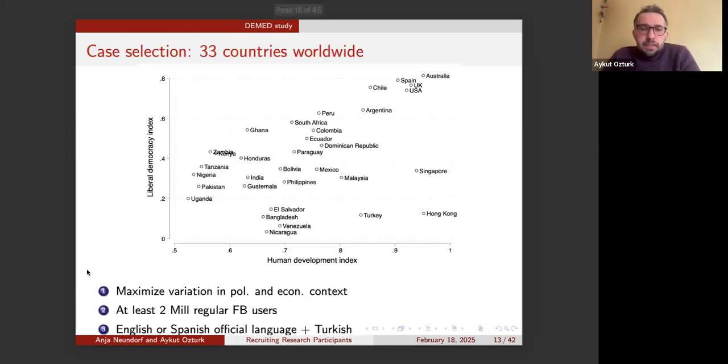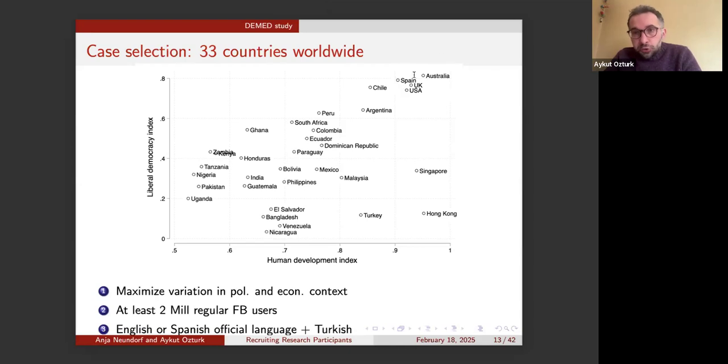Now, in our study, we surveyed 33 countries. We picked our countries based on variation across 2 dimensions: Human Development Index and Liberal Democracy Index. As you can see on the screen, we have been, I think, successful in creating that diversity.